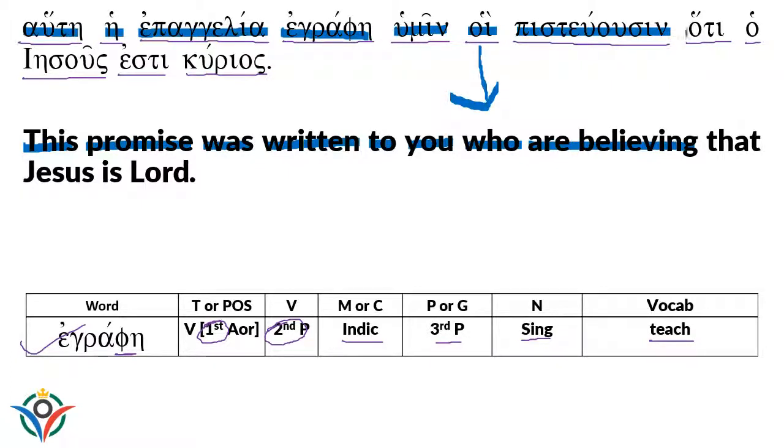And then we have hoti, which could be translated as "that" or "because," but I've used "that." And then we have Jesus, esti is Lord. All right, and because we have a linking verb or a copulative verb, that tells us that Kyrios, Lord, is functioning as a predicate nominative in this verse.